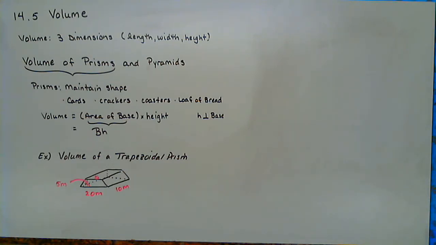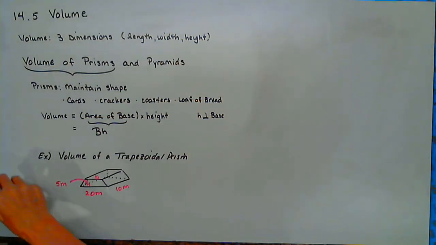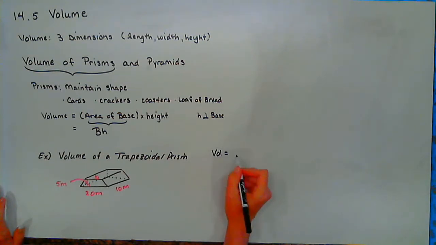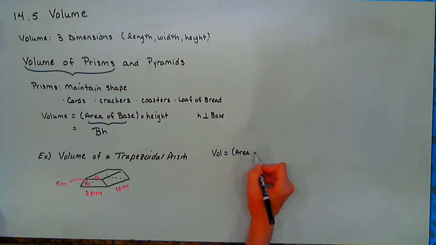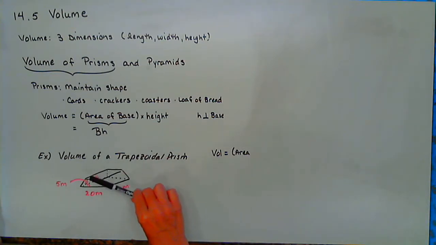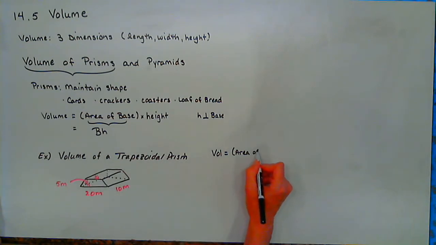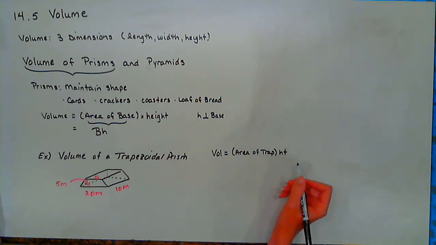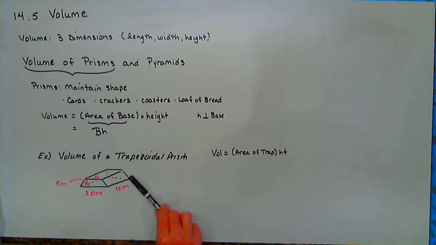Then we need to remember how to find the area of a trapezoid. Volume is simply the area of the base, or the shape that is staying throughout the entire prism, in this case a trapezoid, times the height, or how far back we're going to take that trapezoid.